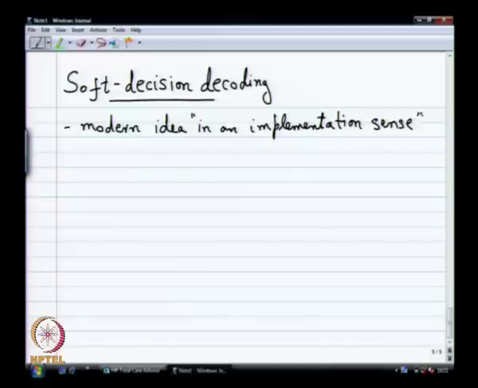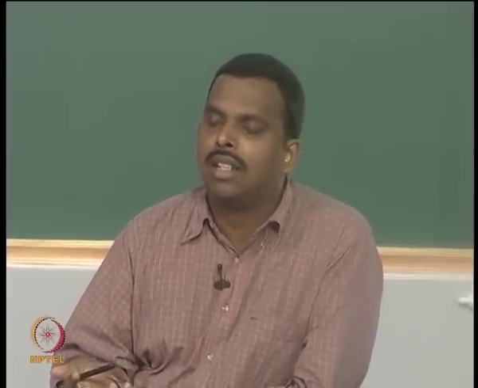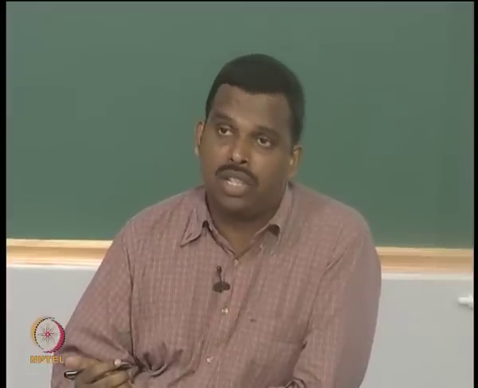As we go along you will see what I mean, but soft decision decoders have been around since ages, since the 70s. Definitely what is known as the Viterbi decoder is clearly a soft decision decoder. So, they have been around for a long time, but they have been resurrected recently and studied in so much more detail, and several suboptimal soft decision decoders are out there today which work really well in practice. As an engineering solution, soft decision decoding has pretty much taken over today. Many of the new devices, new implementations you would have will be soft decision decoders.